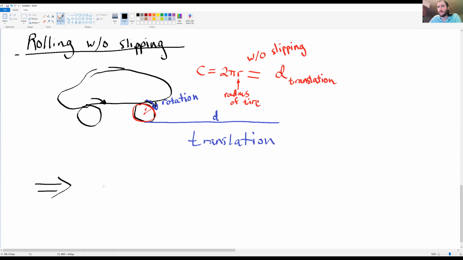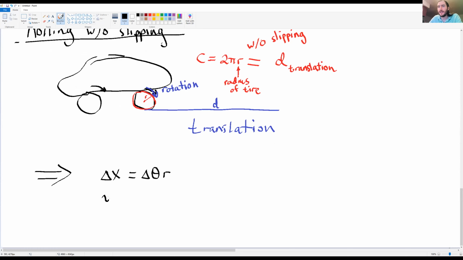The displacement in the direction of travel will be given by the angular displacement of the rolling object, the tire, times the radius of the tire.